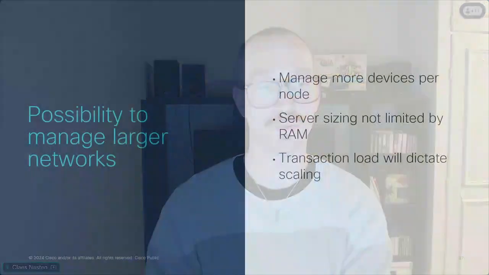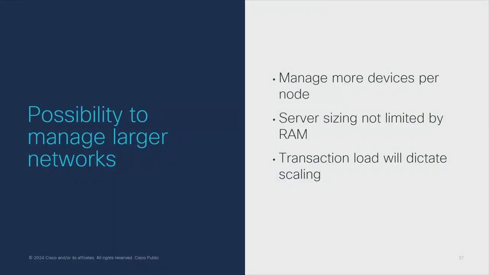And then, what does this mean for you as an NSO user? How does this affect the way you use NSO? First off, it should allow you to manage larger networks per NSO node, because we don't have to have all data in memory at all times.